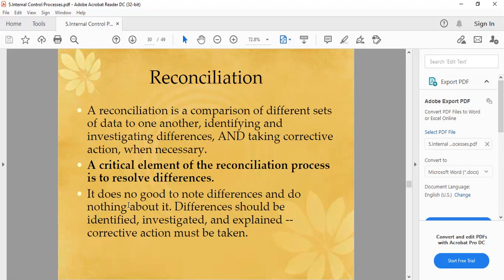So we have to look deeper. Differences should be identified, investigated, and explained, and corrective action must be taken, depending, of course, on the investigation and explanation as identified.